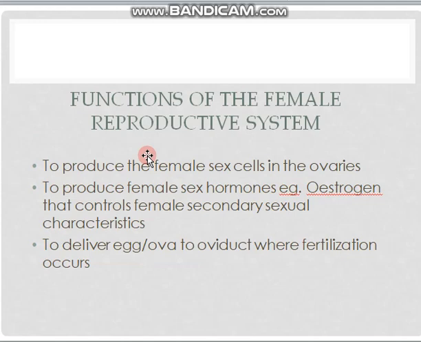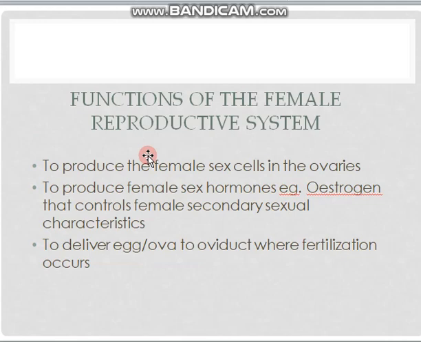Let us now look at the functions of the female reproductive system. 1. To produce the female sex cells in the ovaries. 2.